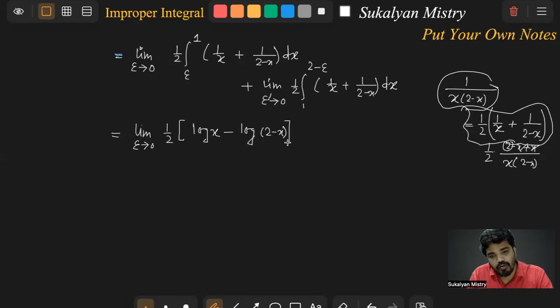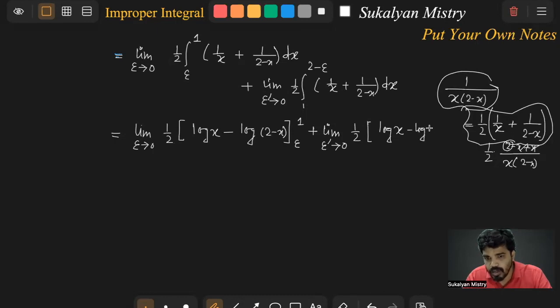Okay, what is the limit? The limit is epsilon to 1 plus limit epsilon dash tends to 0, 1 by 2. Now integrate this, so what do we get? Integrating log x, 1 by 2 minus x, what do we get?